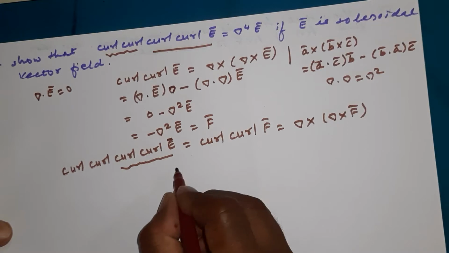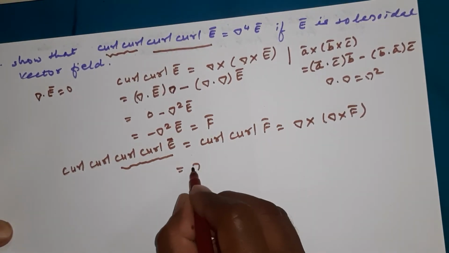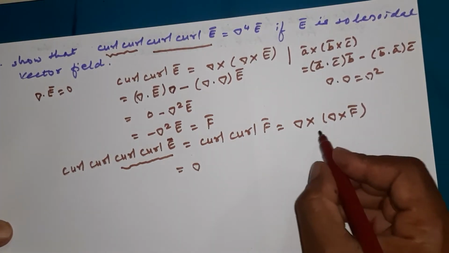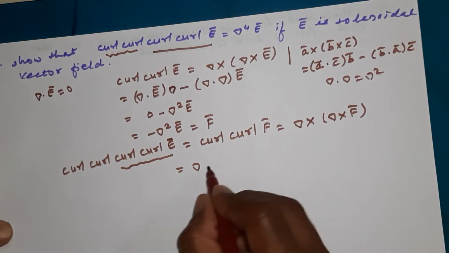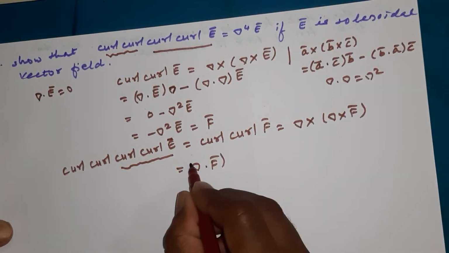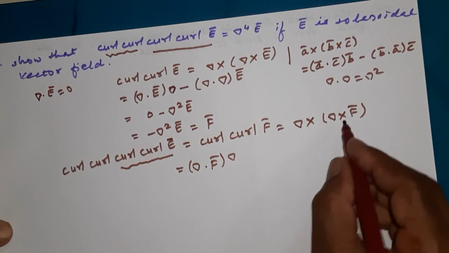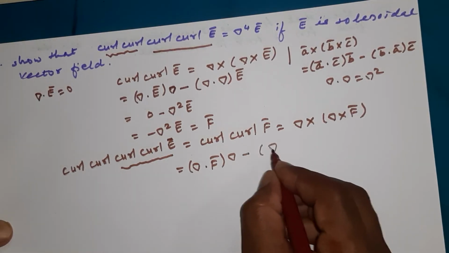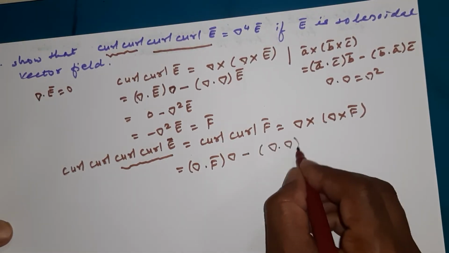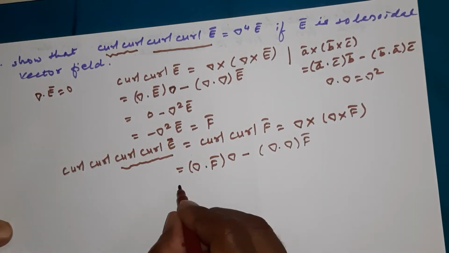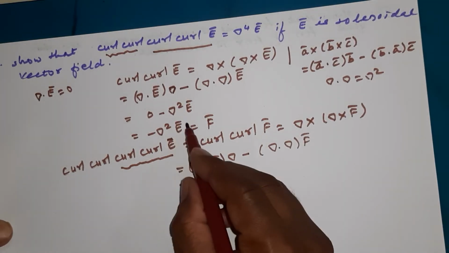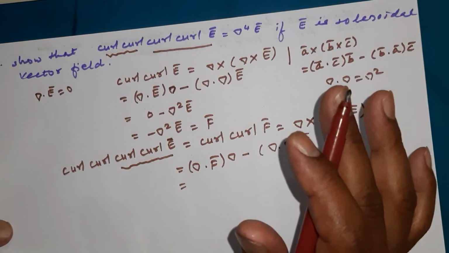So do it yourself. You can get, yes, read with me, del dot F bar into this del minus del dot del into F bar. Now E bar is solenoidal, means del dot E bar is 0.